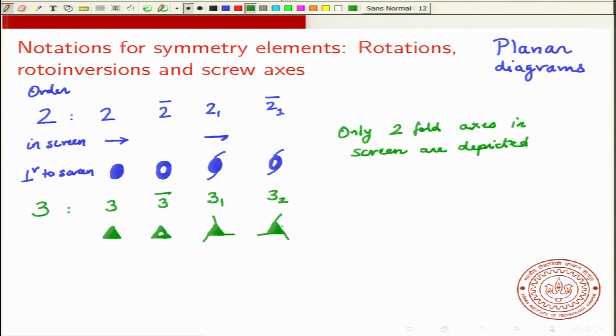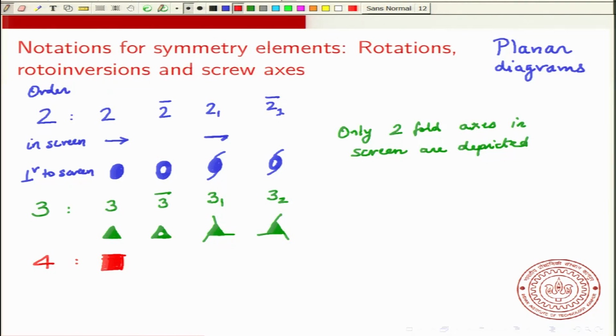What else can you have? So these are all the possibilities that you could have here. Now I'll just briefly show the other axes. I won't show all the possibilities. So a 4-fold axis is shown by a triangle.